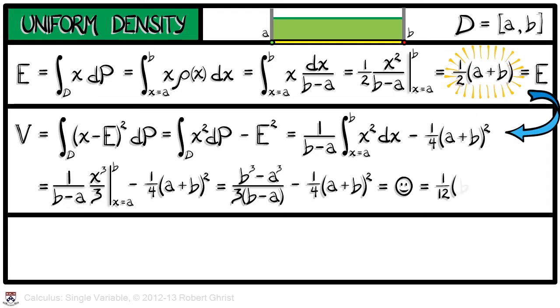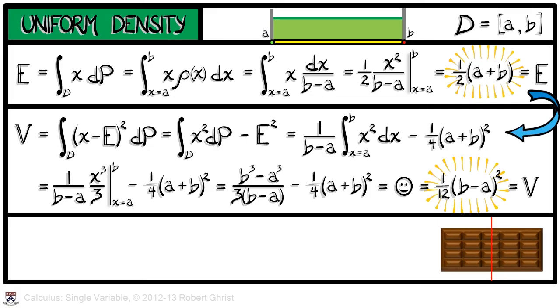I claim that with a little bit of work, one gets a variance of 1/12 quantity b minus a squared. Now, how do I know that I haven't made a mistake here? According to our physical interpretation, this variance should be related to the moment of inertia of a region about a centroid axis.